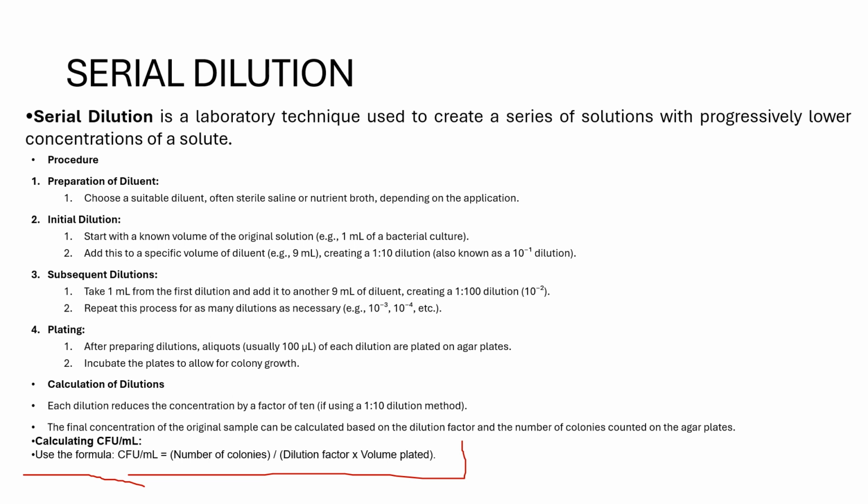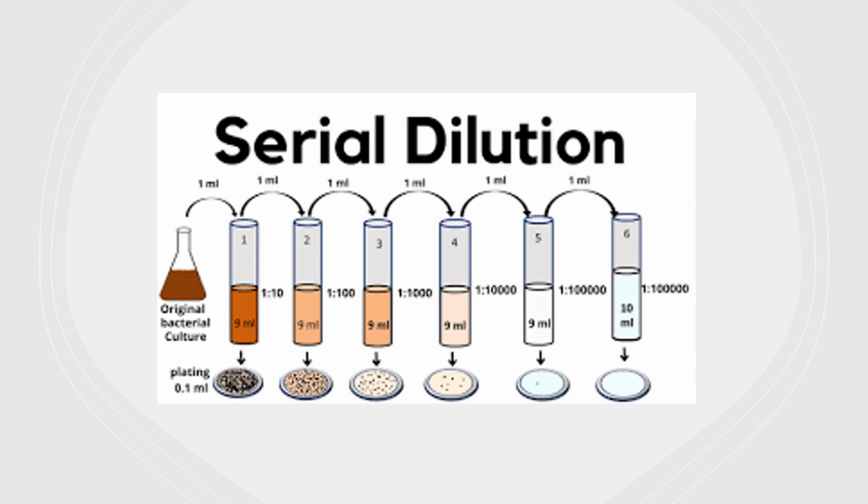The formula for colony forming units is the number of colonies, then the dilution factor, whatever dilution factor we have used, and the volume we have used while plating. By this method, you can easily find what your dilution factor will be. Suppose you have done the first dilution, it is 1:10. That means 10 to the power minus 1.